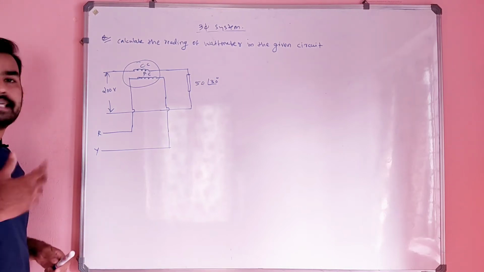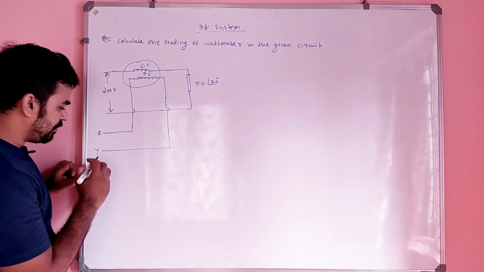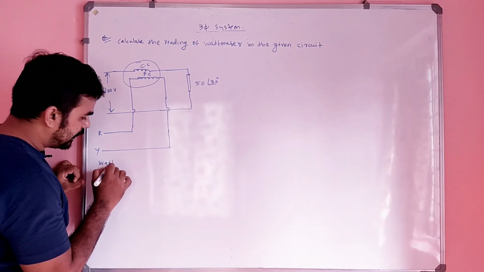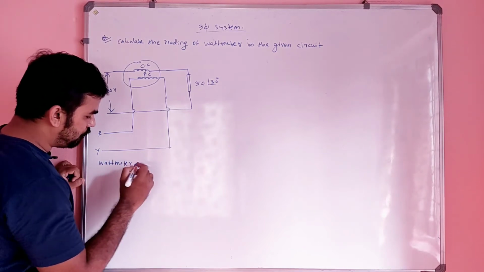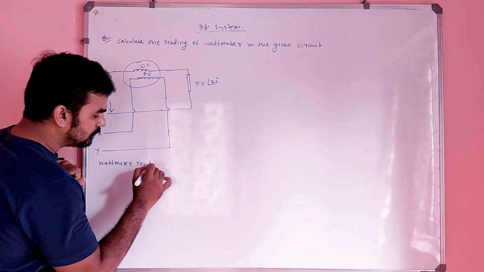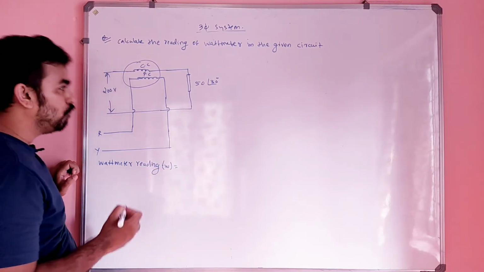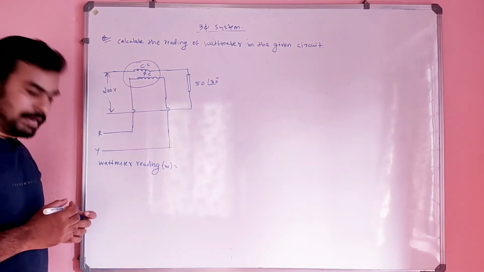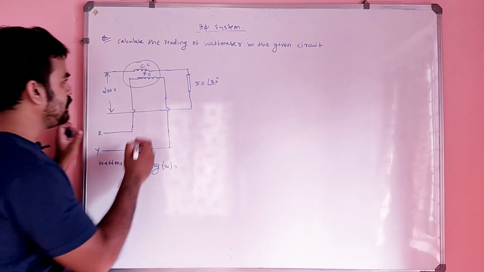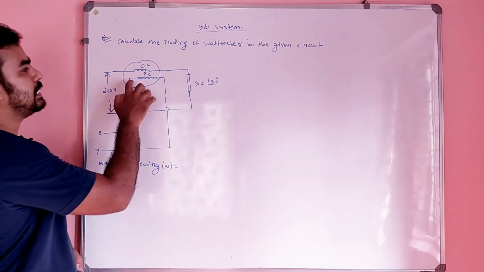Okay, so as I did in the last problem, the wattmeter reading is the voltage across the pressure coil, that is VRY, times the current at the current coil.